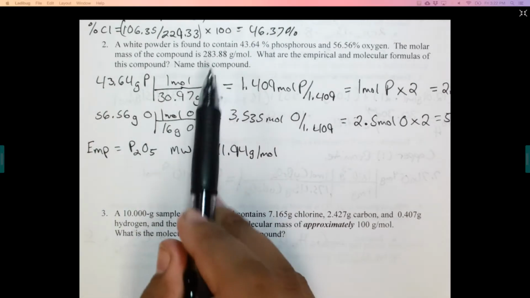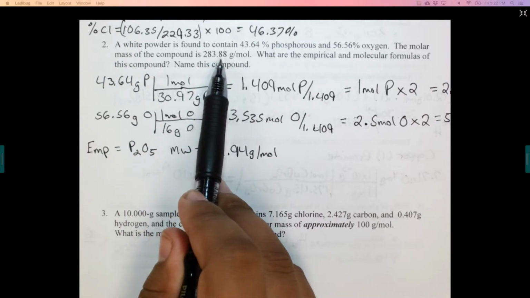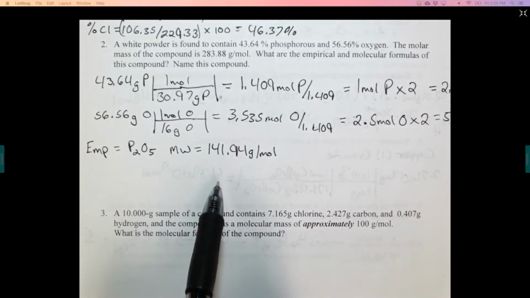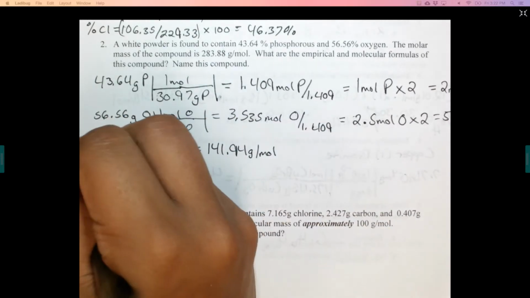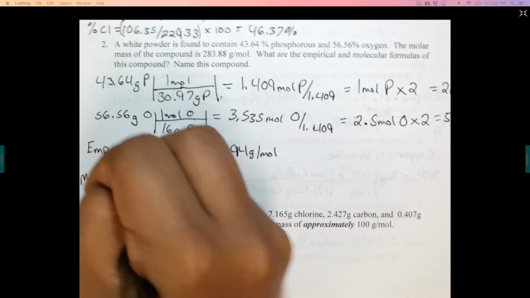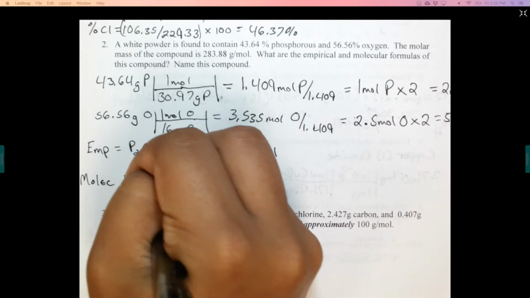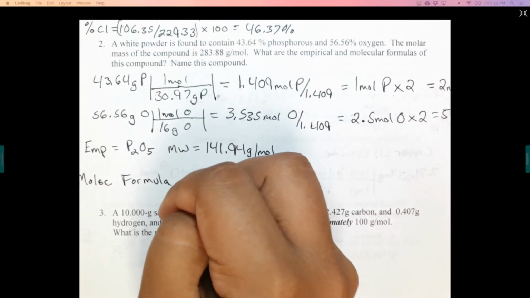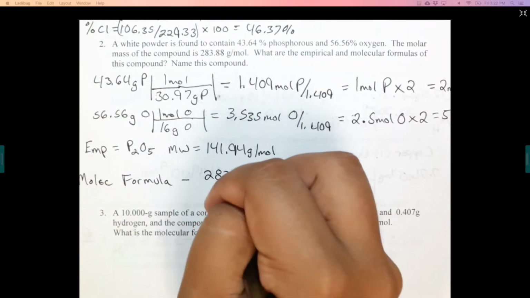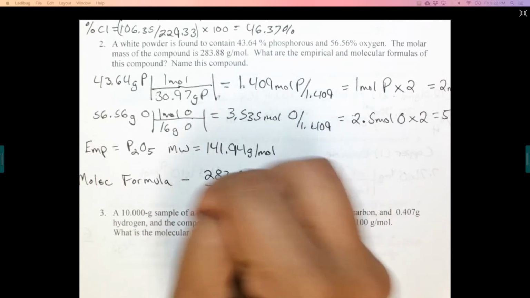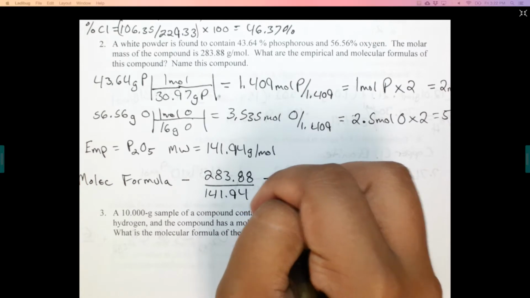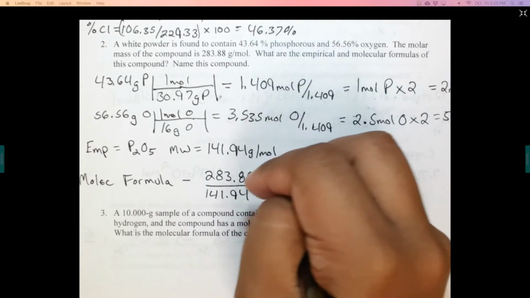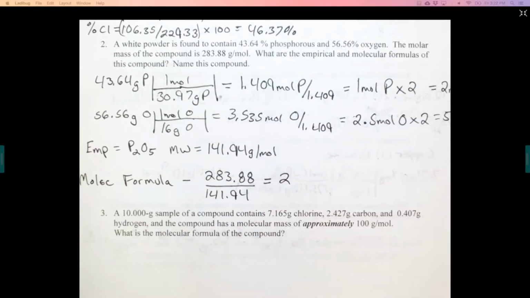Well, if we look at the 283.88 and 141.94, the molecular formula can be determined by dividing 283.88 all over 141.94, and this is equal to approximately 2.